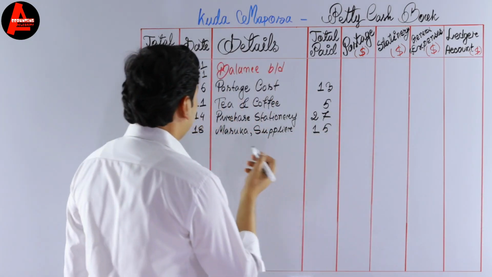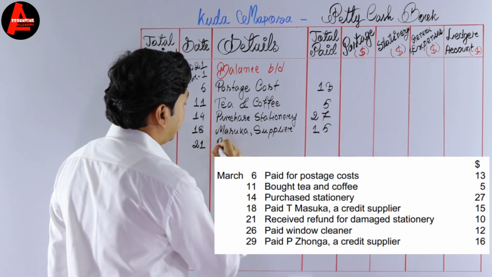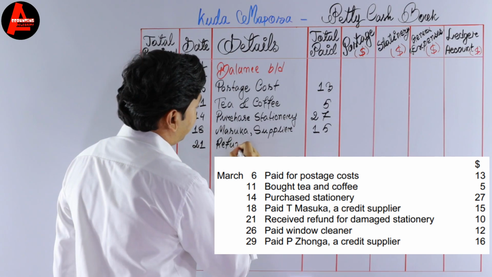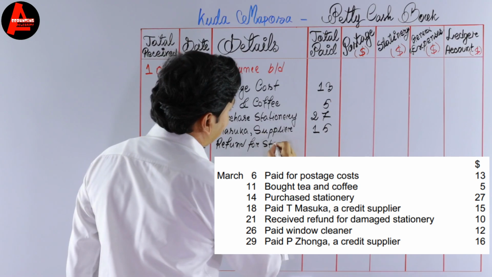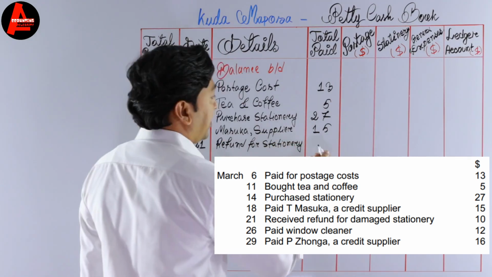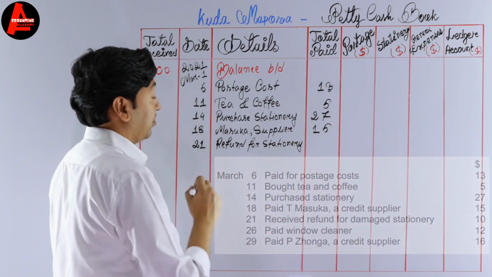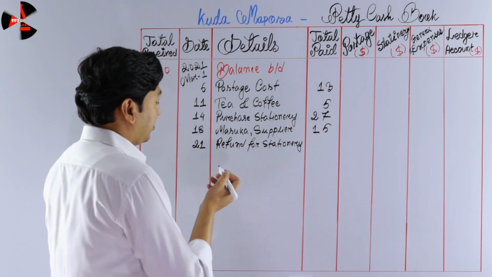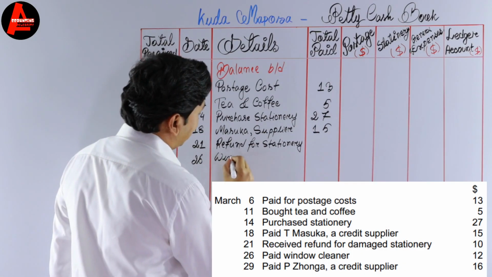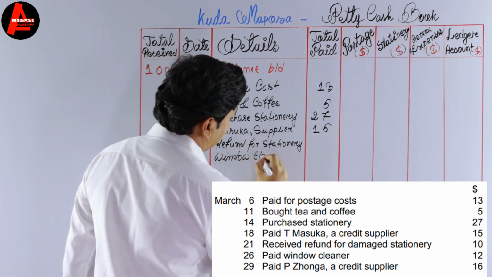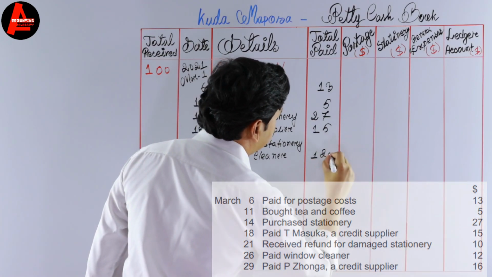Then we have March 21, refund for stationery. Here we'll write the amount later. It is a refund, so it will come here, not in the expense column. Next one is March 26, window cleaner, $12.